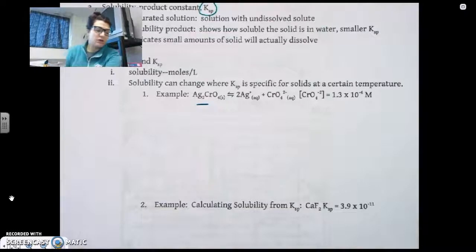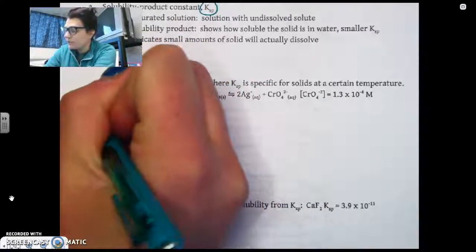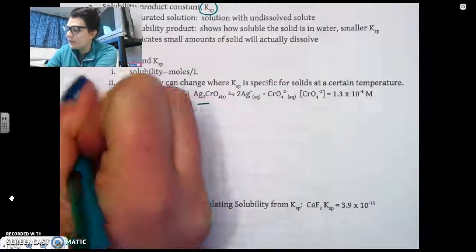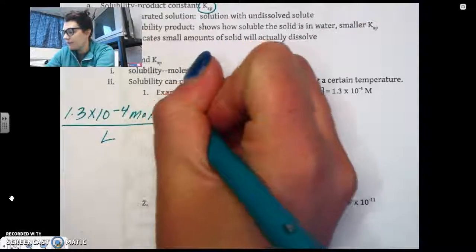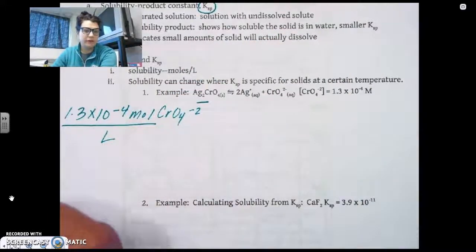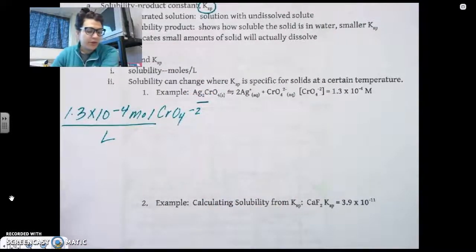Ultimately, this means I can fit that many moles of this ion in 1 liter of solution. That's pretty straightforward.